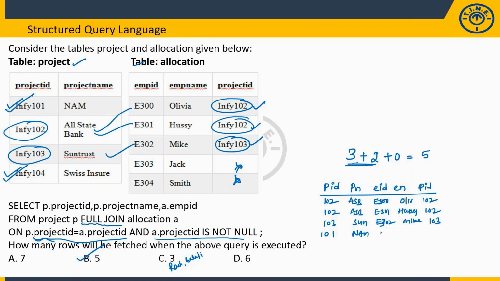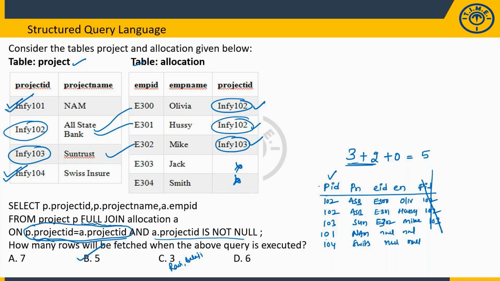These are all null. And moreover, this is project ID equal to project ID, so project ID should be taken only one time, not for the second time. Okay. So what is the output? 101 NAM, null, null. And one more is Infi 104 Swiss Insure. And because that does not have a match, EID should be null, EN should be null.